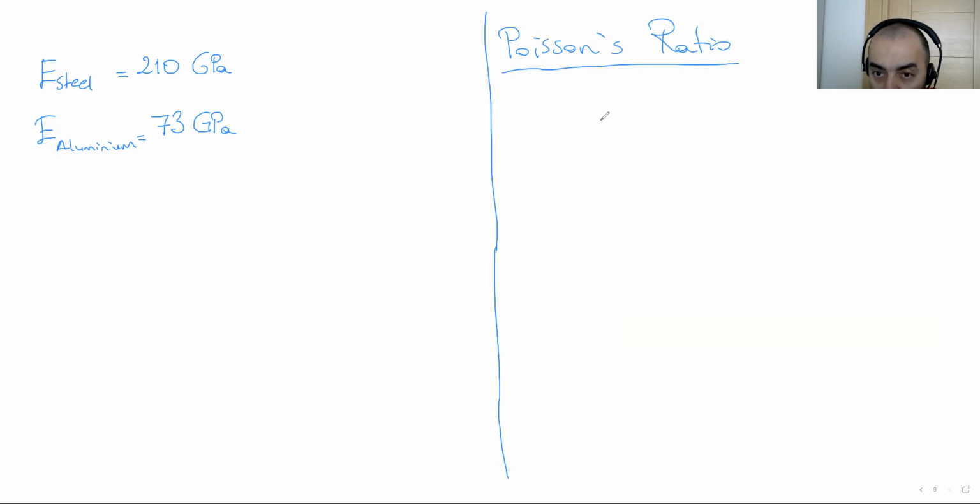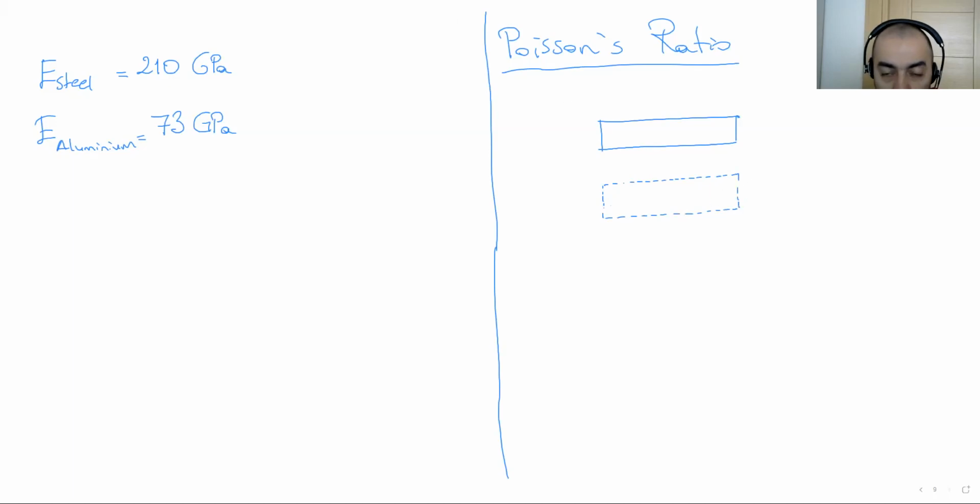Let's say we have a material like this. If we apply tension to this member, what are we gonna see? Okay, this is the first member, initial shape.